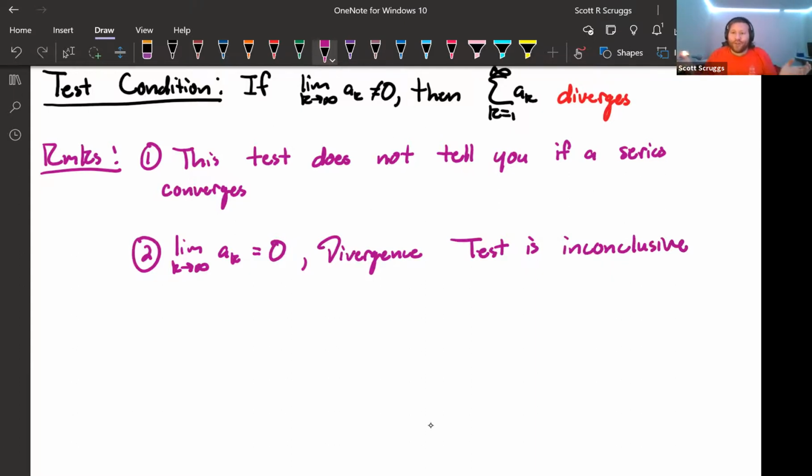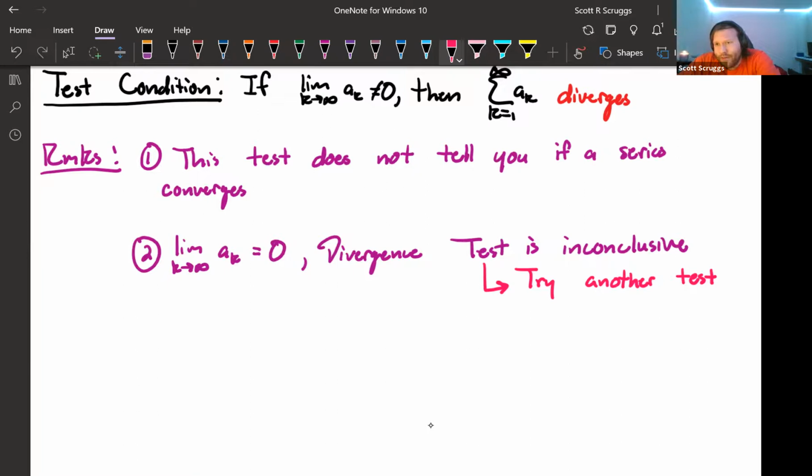The series could converge, the series could diverge, I don't know. But what that tells you is that you have to try another test.